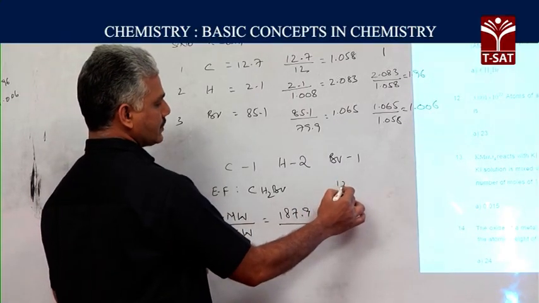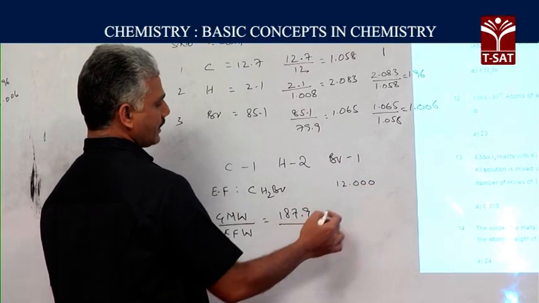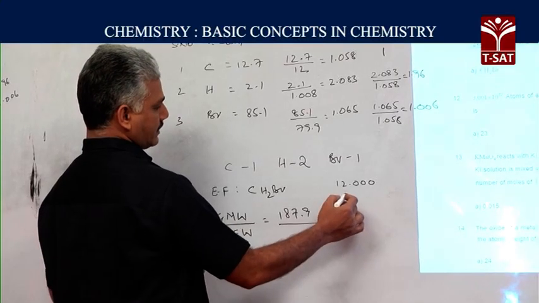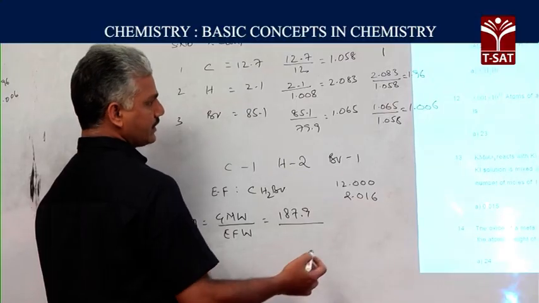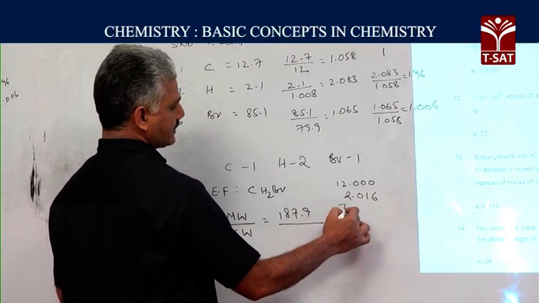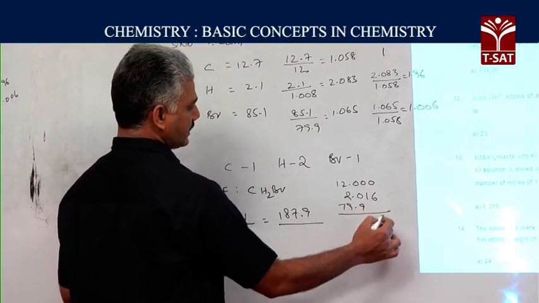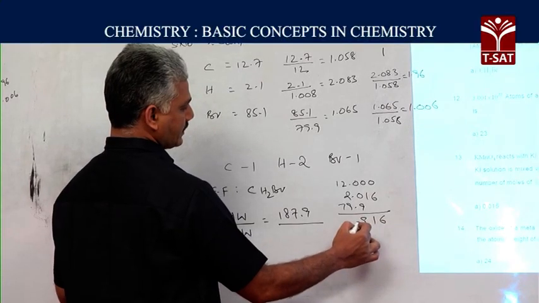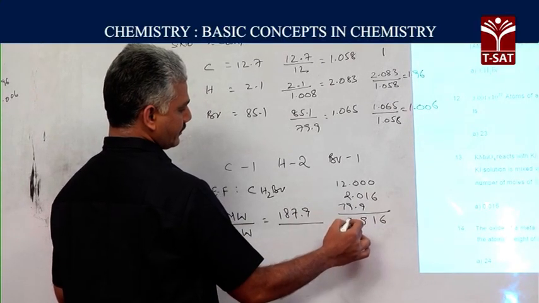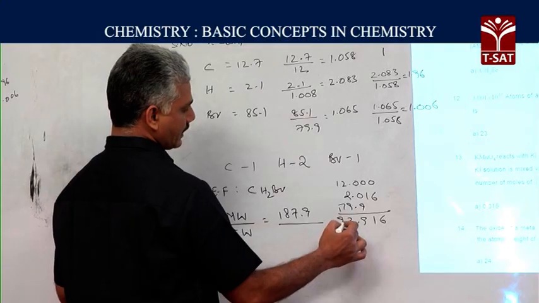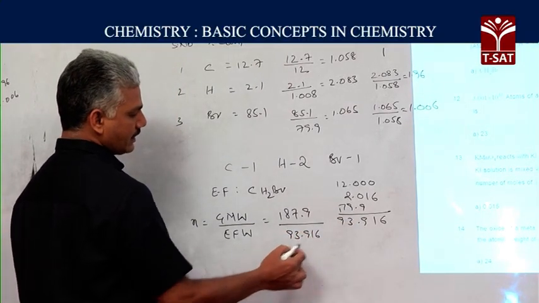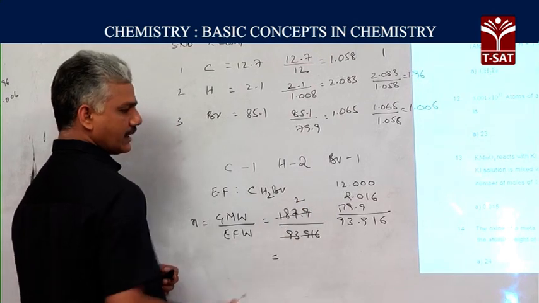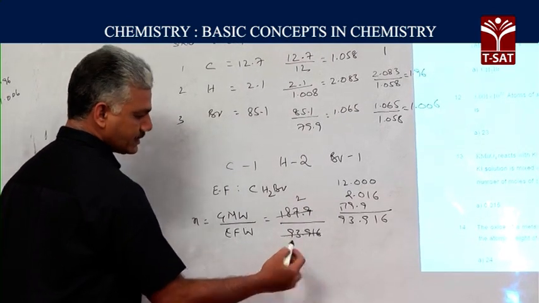Carbon is 12, that of hydrogen is 2.016, whereas bromine is given as 79.9. The total comes out to 93.916. This gets cancelled by 2 times, so n factor is 2.